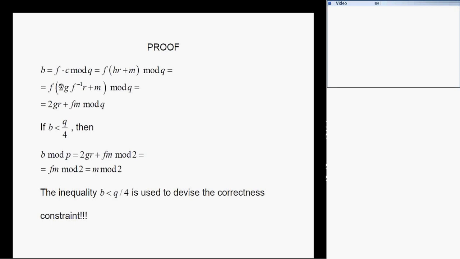Using that fact, this expression gets simplified to 2GR, so 2 multiplied by the product of polynomials G and R. And as the second term, we have F multiplied by the plaintext polynomial M.